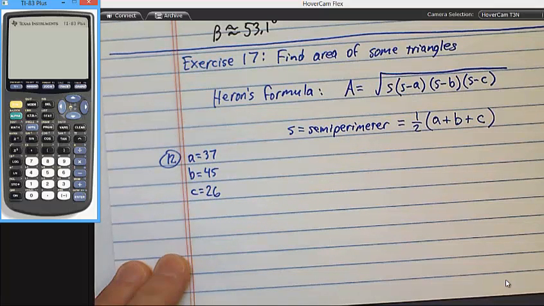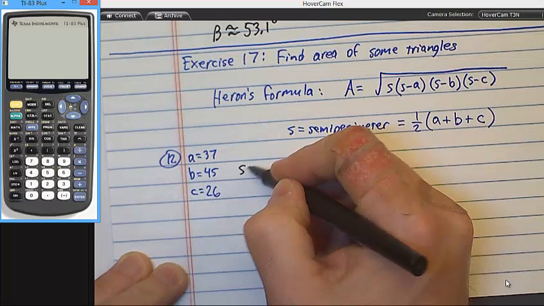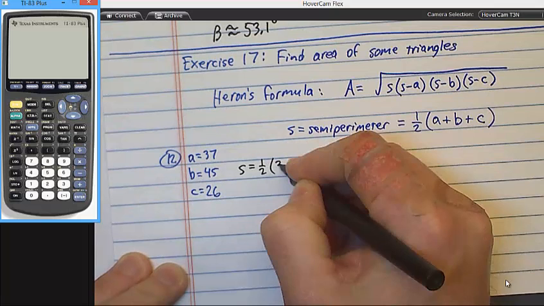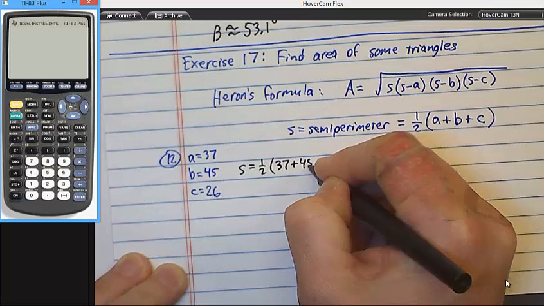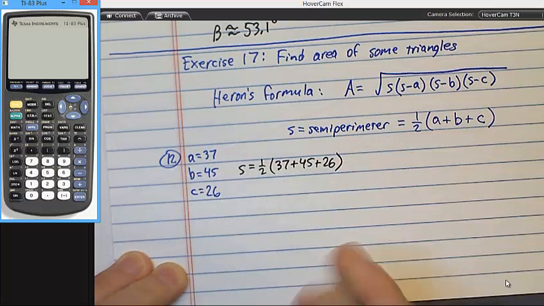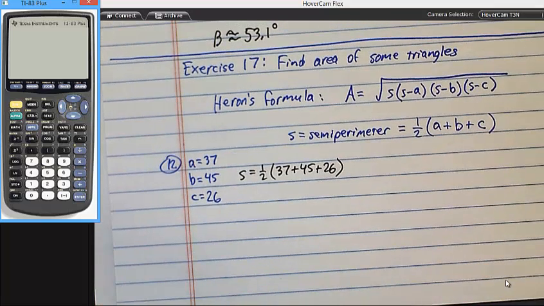I guess the next thing I need to do is compute S. So in my example, S is going to be 1/2 of the perimeter. Let me work out what that is. Let's get that in the calculator.